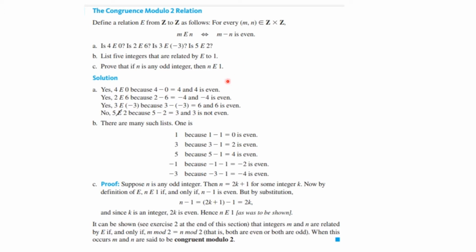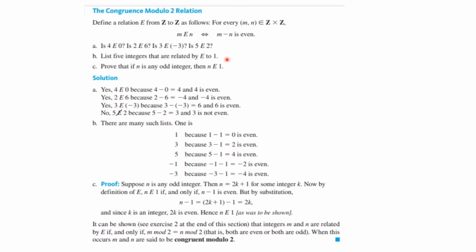That's the definition that we have up here. 2 E 6, yes, because 2 minus 6 is minus 4, and minus 4 is an even integer. 3 E minus 3, yes, because when you subtract minus 3, a minus is a plus, so that is 6, and 6 is even. But no, 5 is not E 2, because 5 minus 2 equals 3, and 3 is not even.